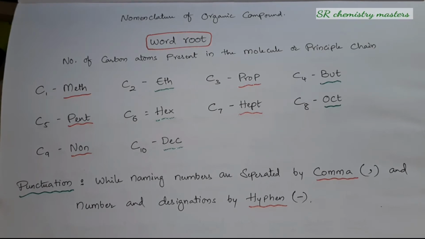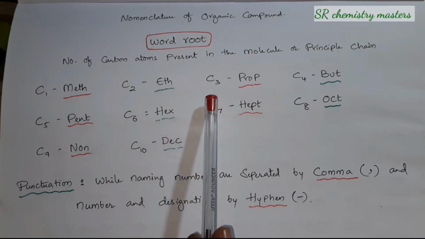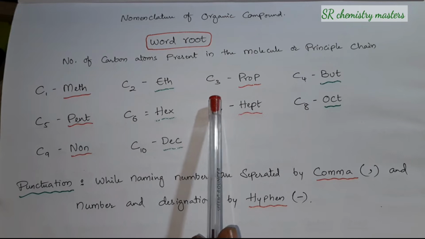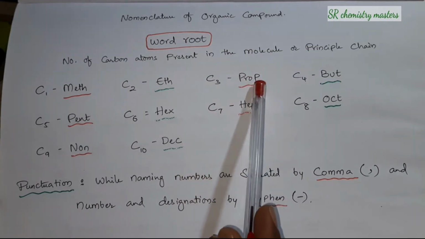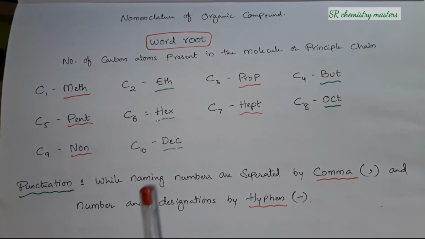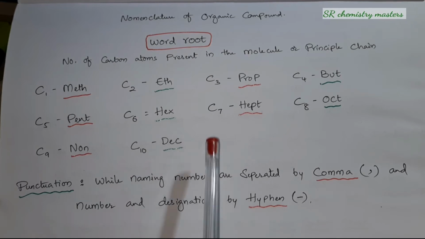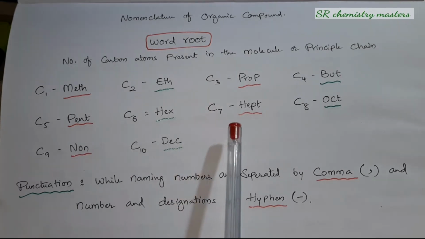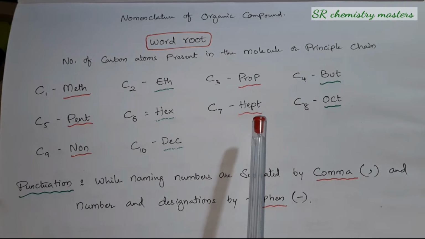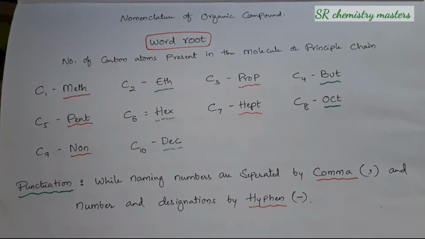For example, if the principal chain includes only 3 carbon atoms, we are going to take the word root as prop. If the principal chain includes 7 carbon atoms, we are going to use the word root hept. Remember, while naming a compound, we are going to use certain punctuation marks.